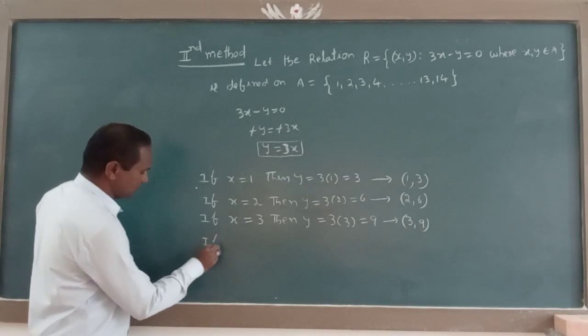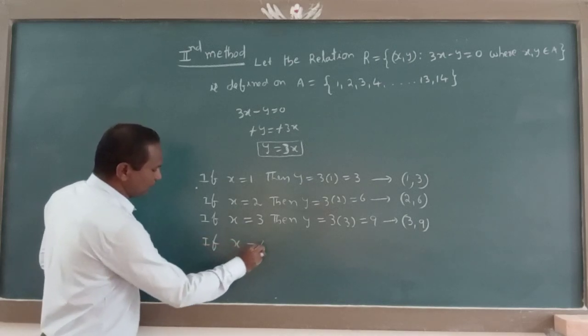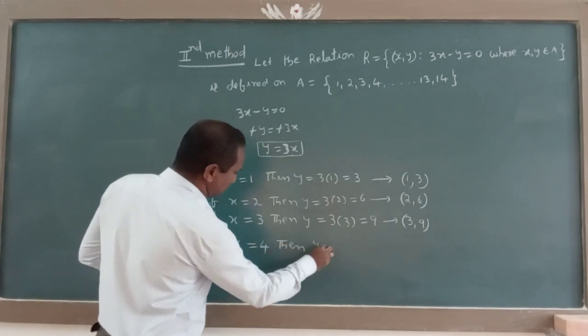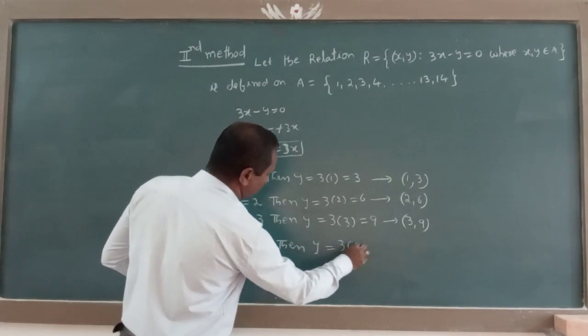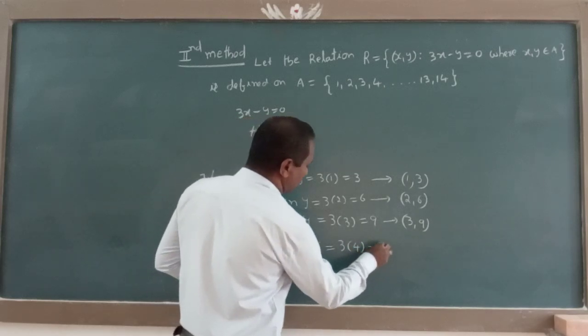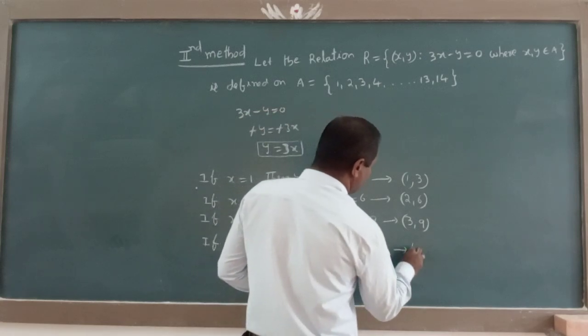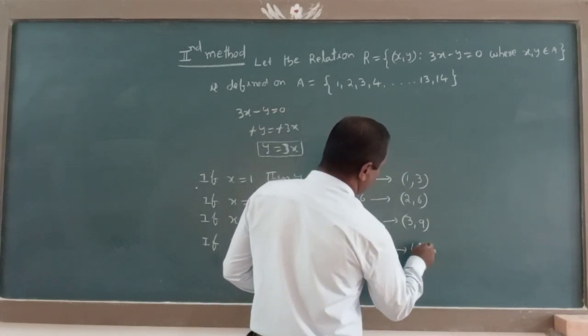If x is equal to 4, then y is equal to 3 into 4 is equal to 12, and it is the fourth ordered pair, that is 4 comma 12.